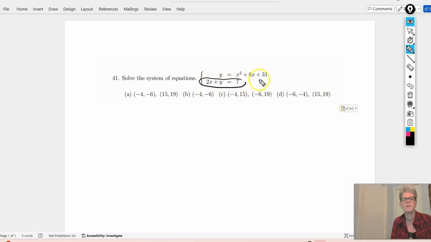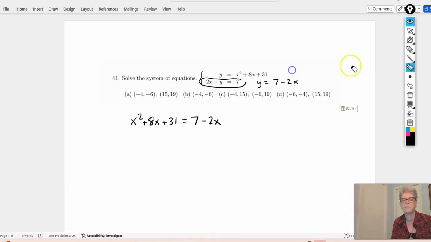I'm going to subtract 2x from both sides. So I get that. Then I have both of these expressions equal y, so they're both equal to each other. So I'm going to put them equal to each other.